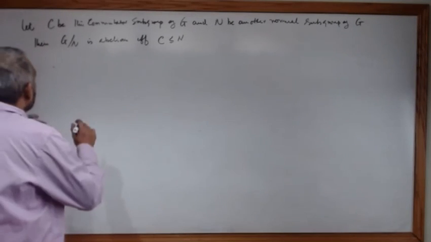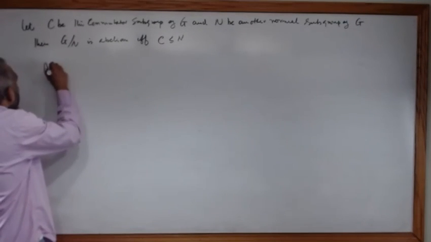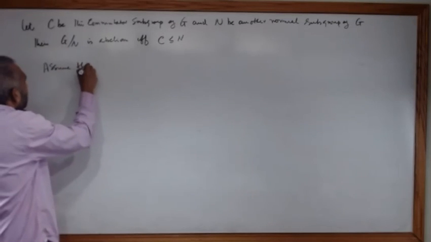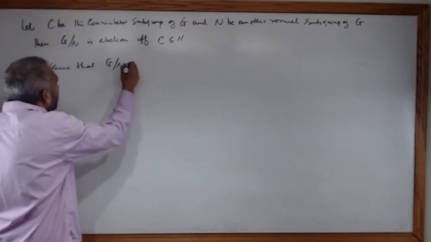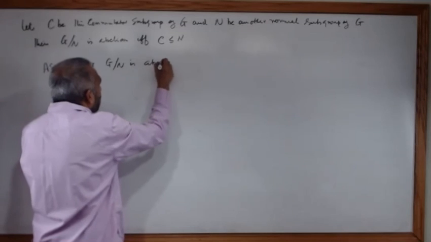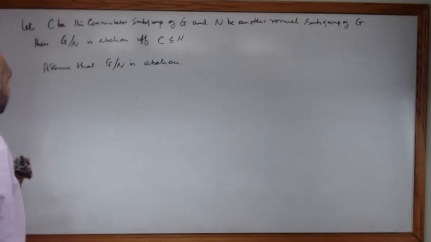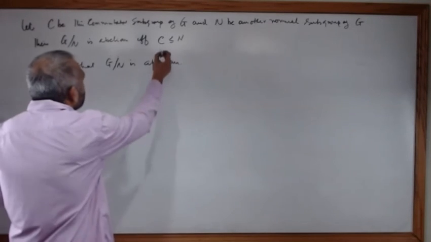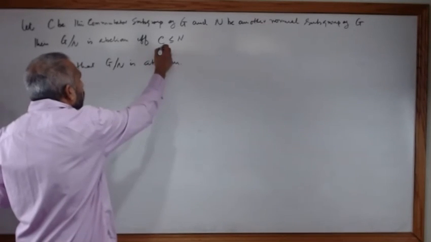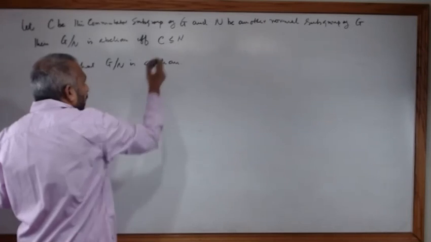So let us assume that G over N is abelian. We need to show that the commutator group is a subgroup of N.